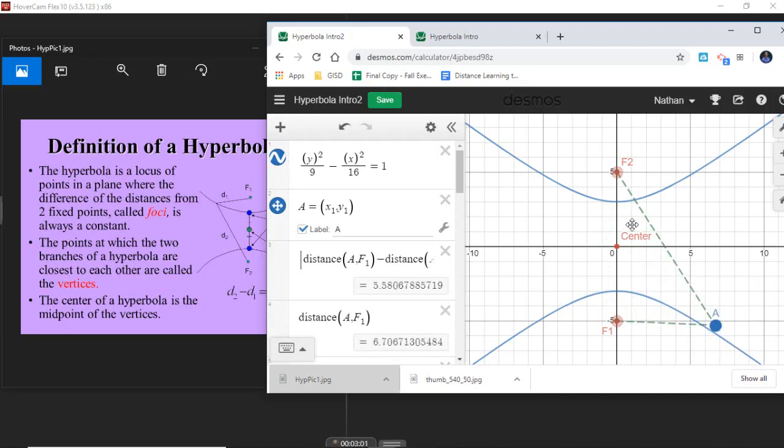It's the same thing over here. Notice when I move A up here, this length becomes bigger, and it's the opposite the other way around. But regardless, you still see that main difference of 6. That's the definition of a hyperbola, just to give you some background.